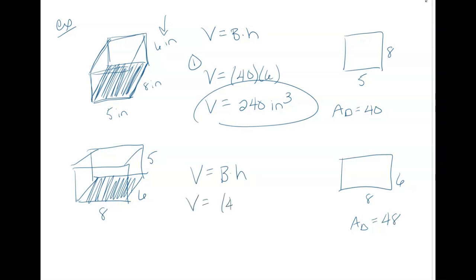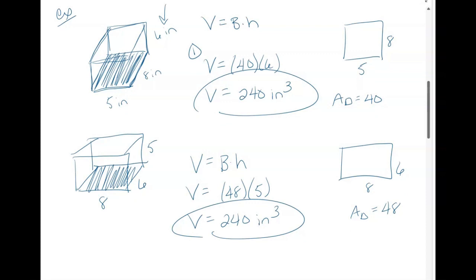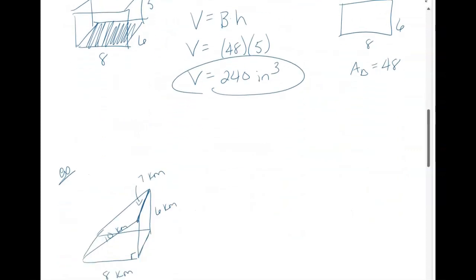If we put in the area of 48 here and now use our height of 5, when you multiply that out, you'll still get 240 inches cubed. So it's okay if some of these are transposed a little bit and you struggle to identify which is the base, as long as you consistently find the area of that base and multiply it times the height, which should be askew from that, then you should be fine.